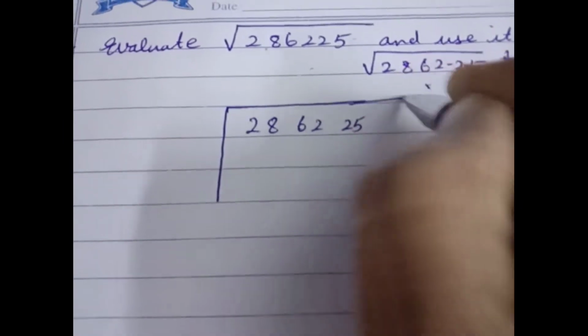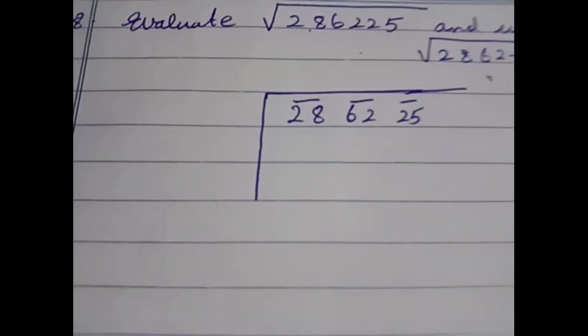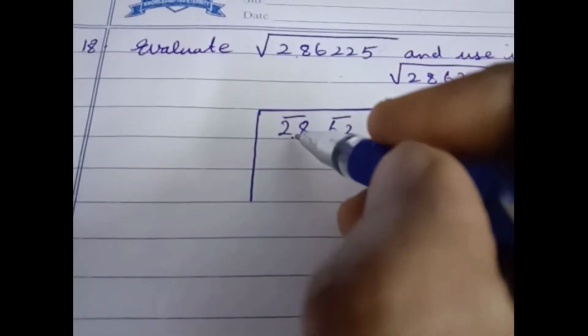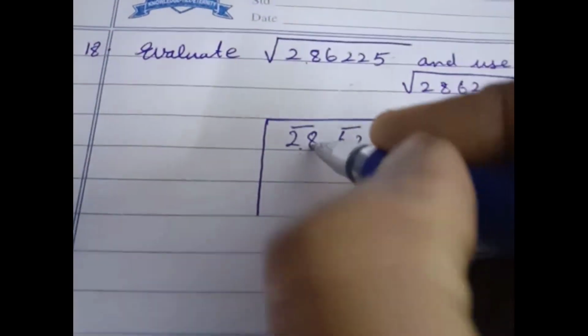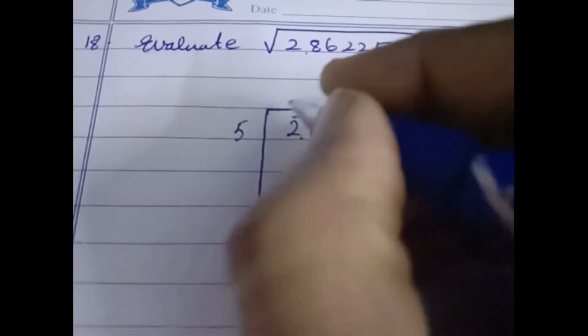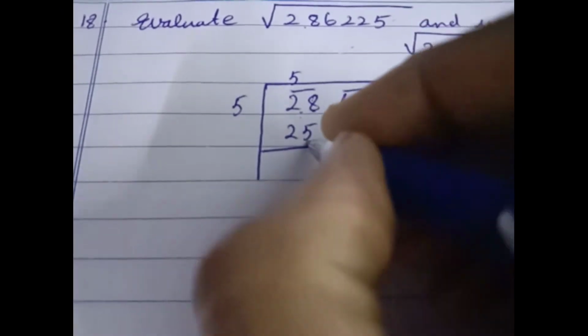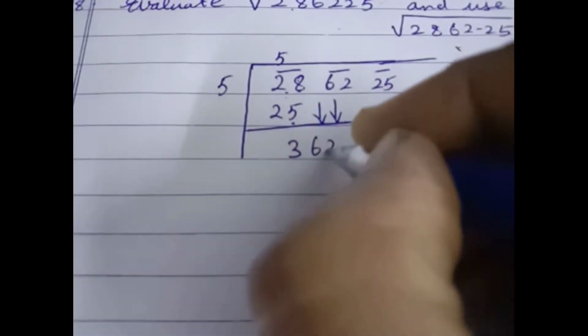286225. You know the long division method. Group the numbers into pairs and see which square number is less than 28. If you see here, 5 fives are 25. Then 28 minus 25 is 3. Bring both the numbers down together.